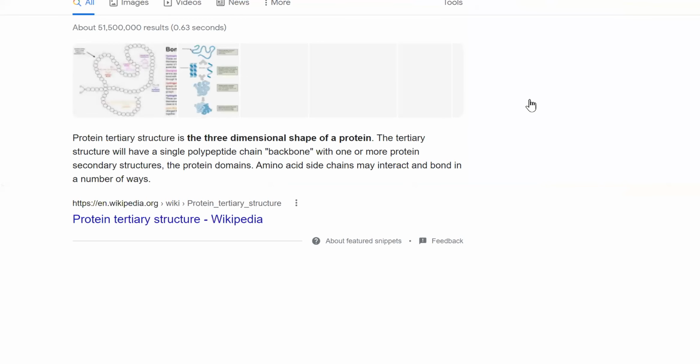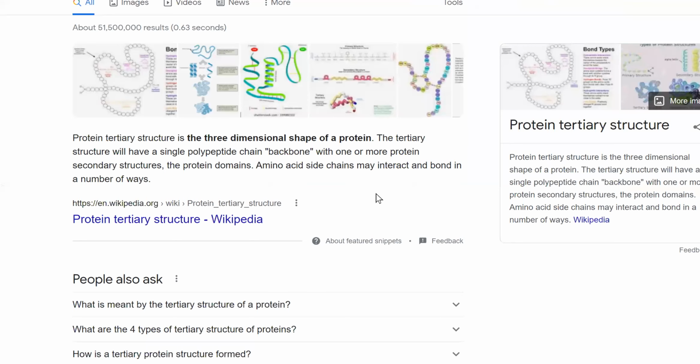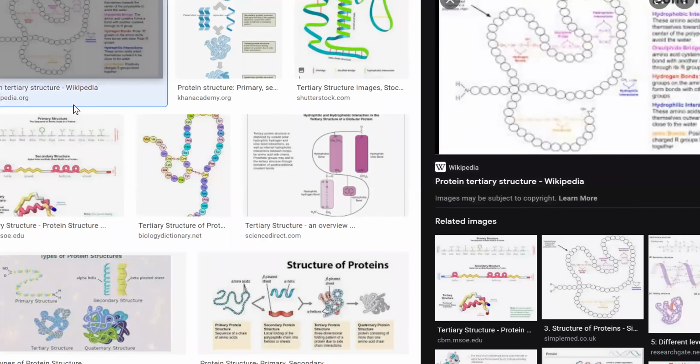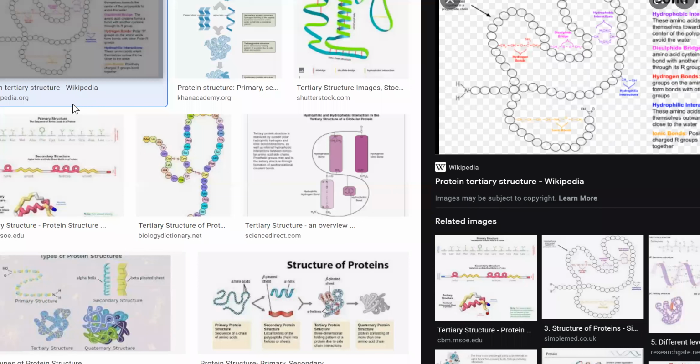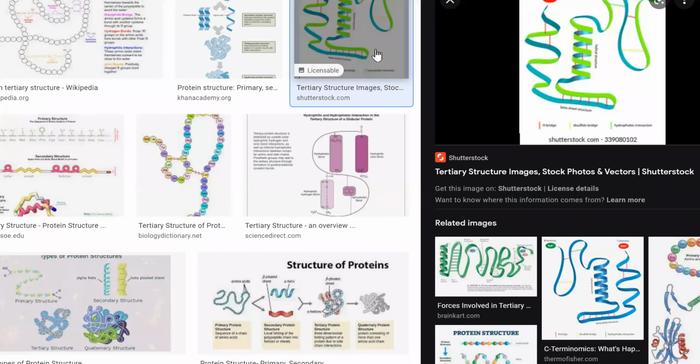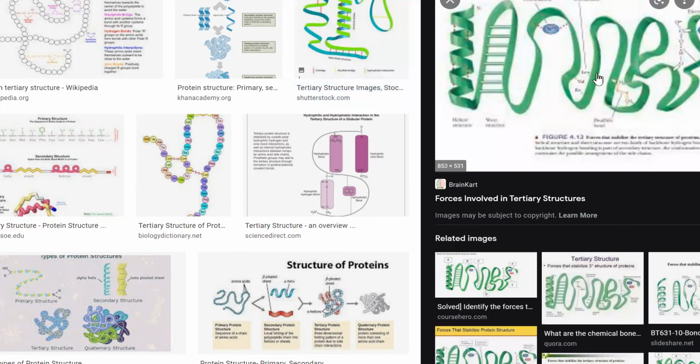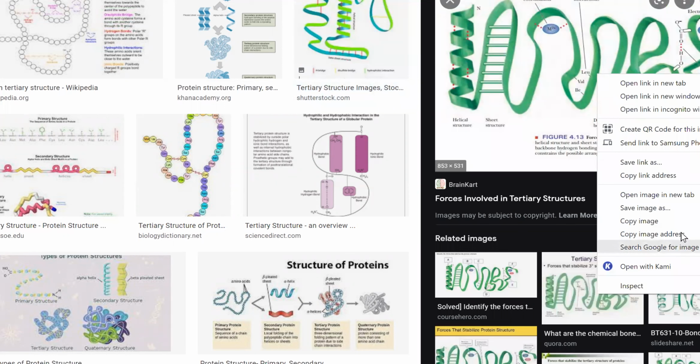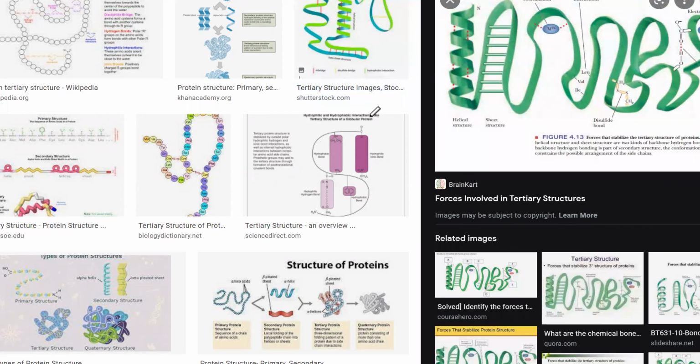So if you look at the tertiary structure of a protein, this one is a good image. So let's copy this one.